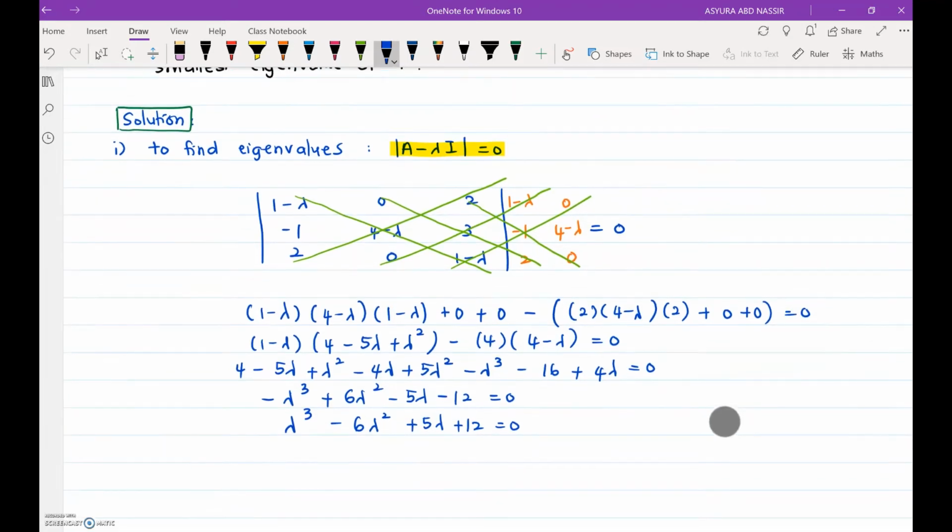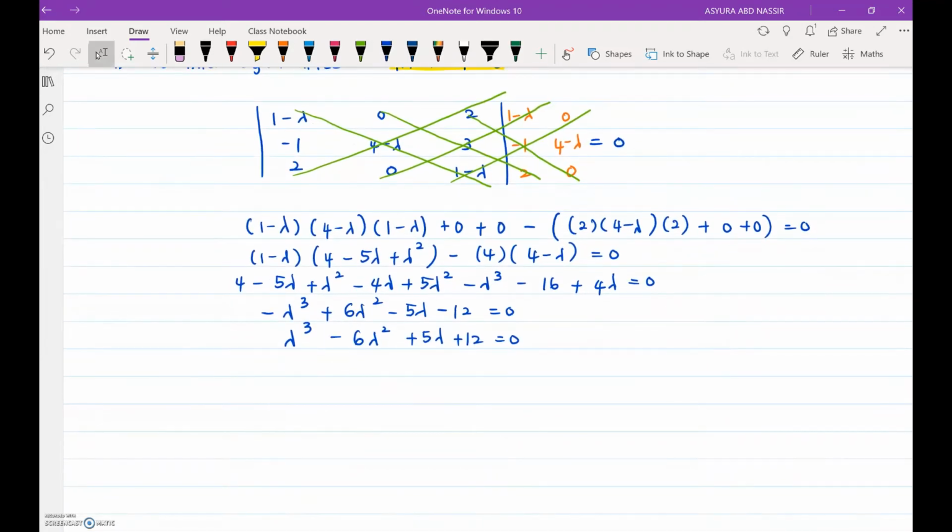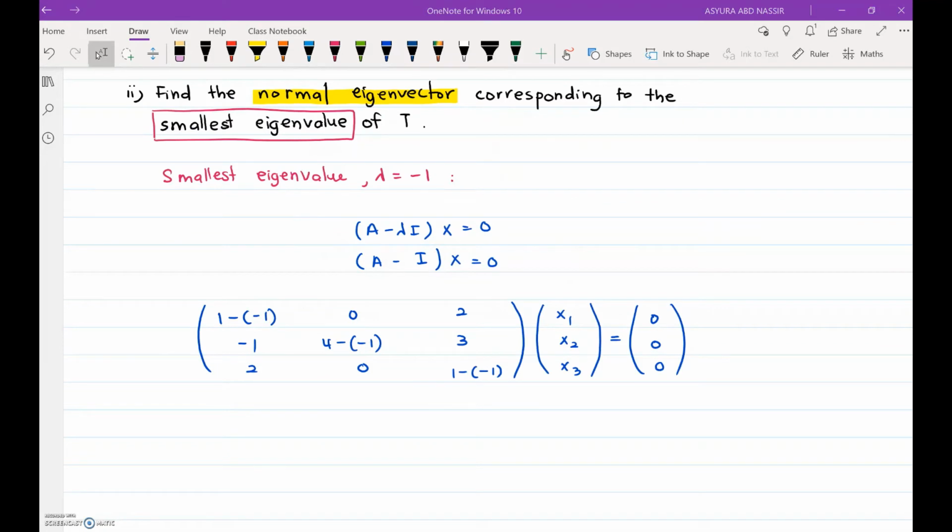You can just use the calculator, and you will get the answer: lambda 1 is negative 1, lambda 2 is 3, and lambda 3 is 4. So we have shown the answer for the first question. Next we want to find the normal eigenvector corresponding to the smallest eigenvalue of T.